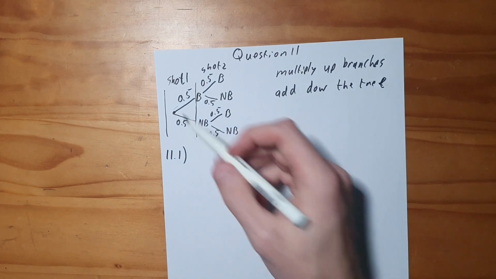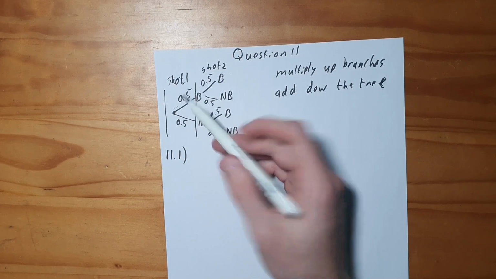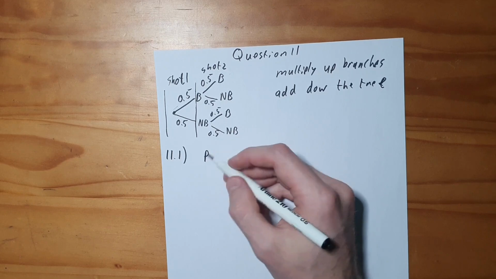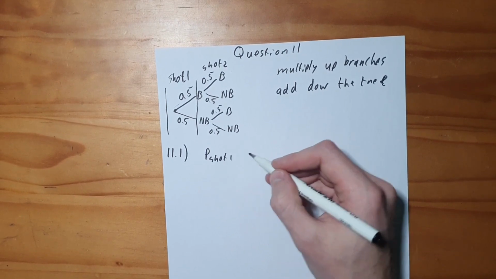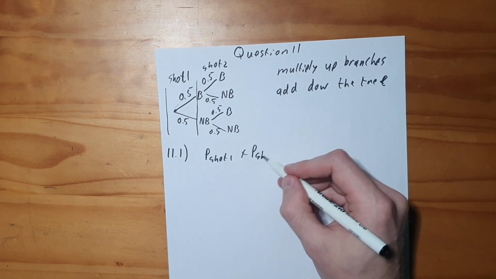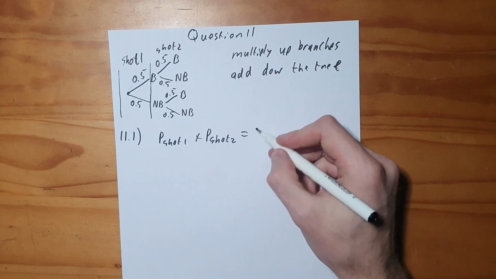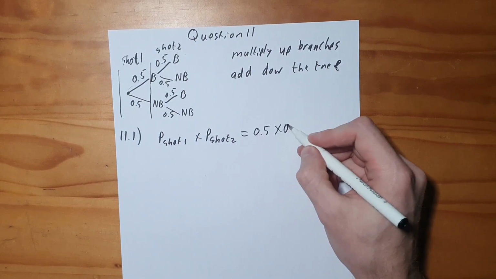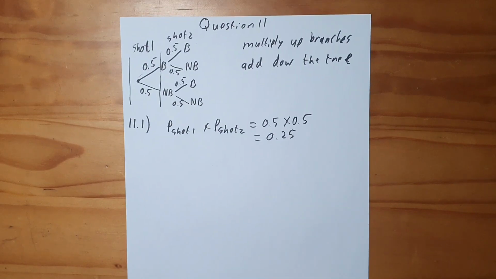The probability of him hitting a bull in the first one is 0.5. So it's going to be the probability of shot 1 times the probability of shot 2, which equals 0.5 times 0.5, which equals 0.25, or a quarter.